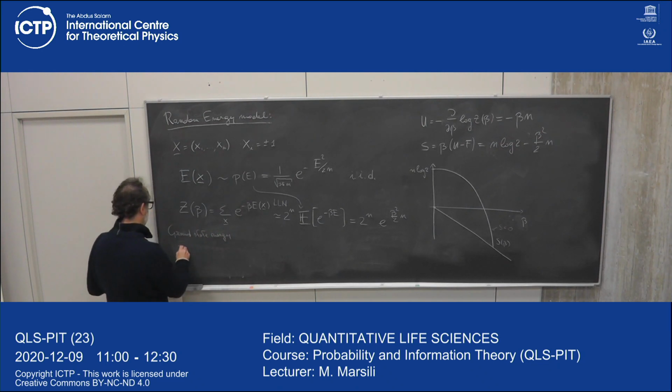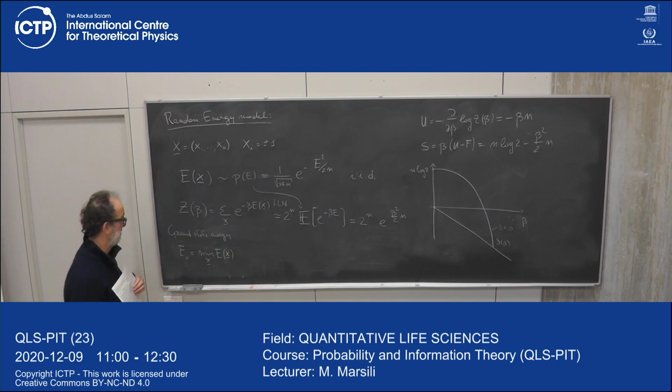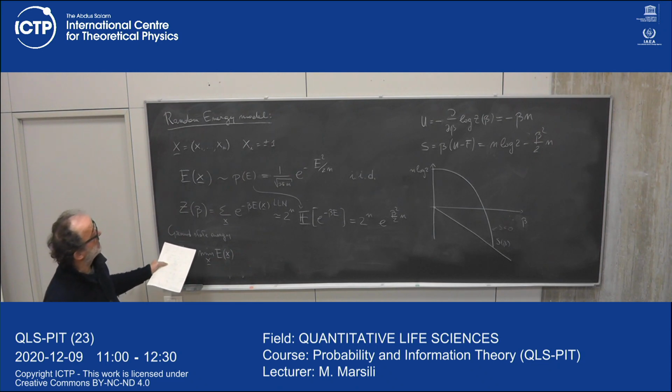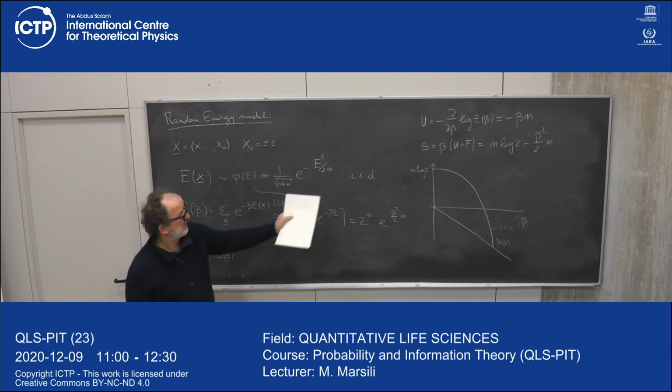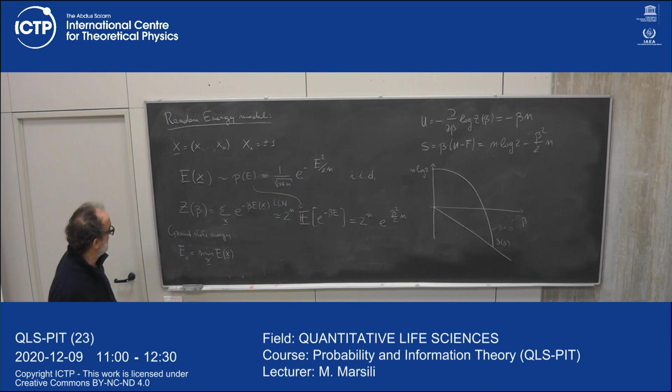So the energy of the ground state is essentially the minimum over all states of the energies. And well, this is a problem because the energies are all IID random variables, so this is a problem of extremes. So let us compute how small an energy I can have in this system.